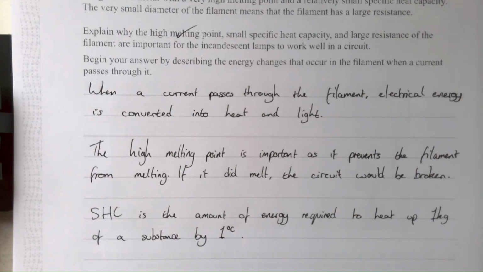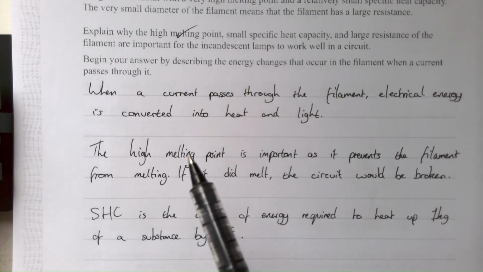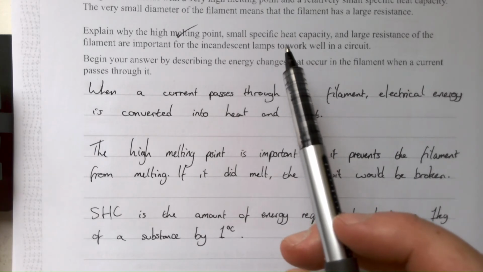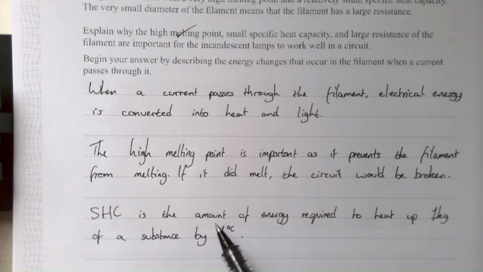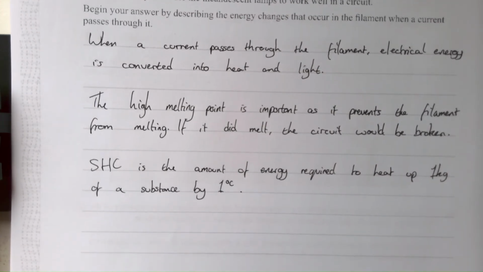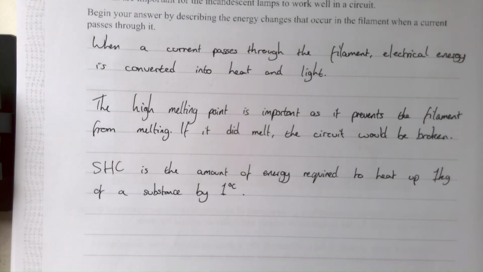Even if you're not sure how to then discuss specific heat capacity, if you've written down what it means, there might be enough in that definition to give yourself a bit of a clue about what next to write. But if we have a very small specific heat capacity, it means that you don't need much energy to heat up the substance.